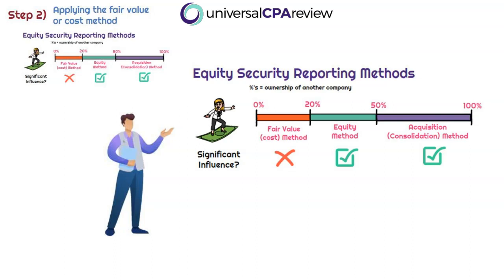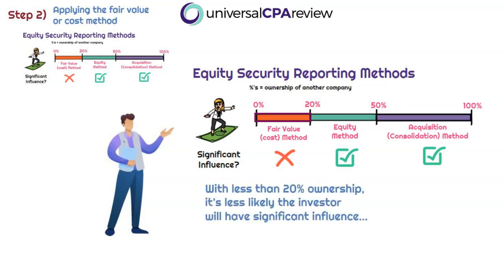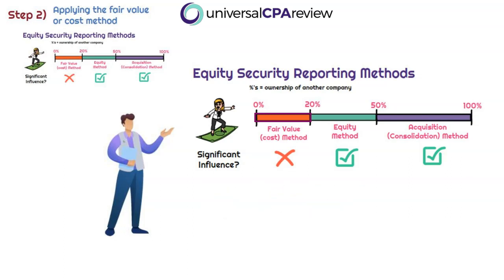We'll touch on the equity method and acquisition method in later modules, but broadly, if a company buys less than 20% of another company, they're not going to have what's considered to be significant power over the operational or financial decisions of the business. If they have more than 20%, it's more likely that they will.